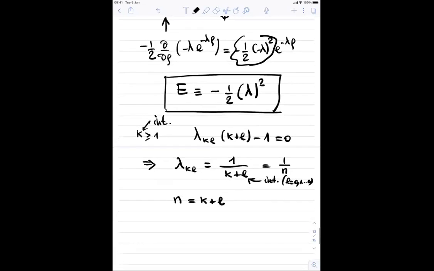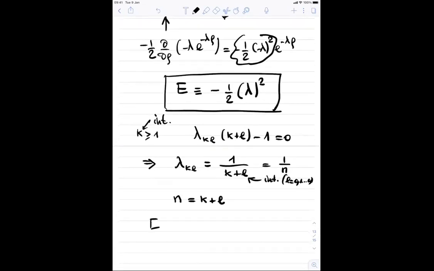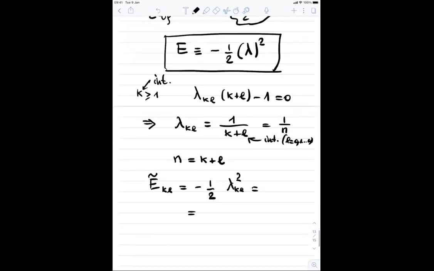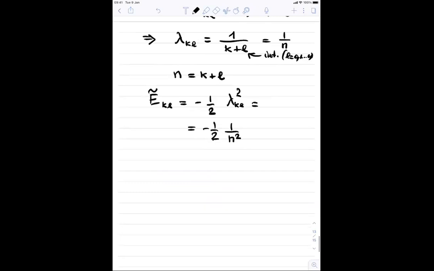Now remember that the energy, in terms of the Hartree, was equal to minus 1/2 the square of lambda. Well, then this is equal to minus 1/2 times 1 over n squared. And this is precisely the tower of eigenvalues. This is 0.